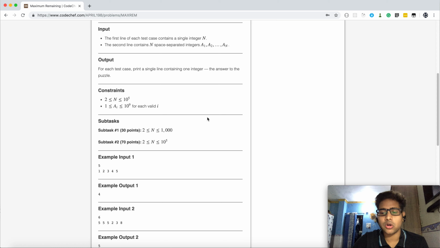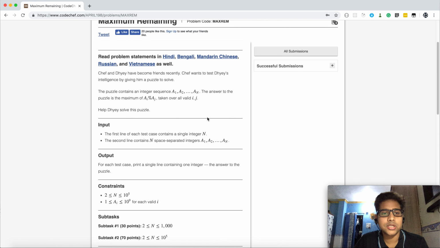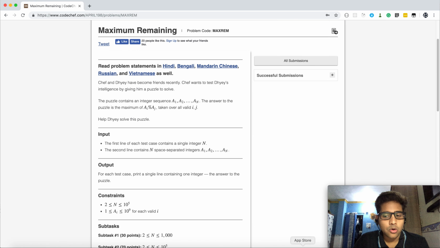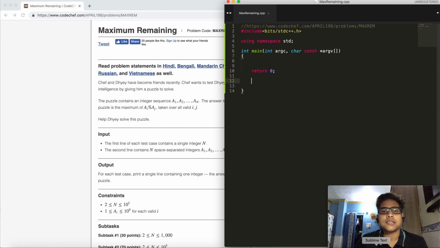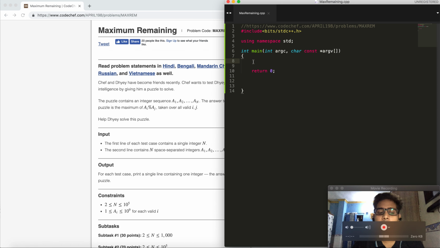After sorting in ascending order, the largest and second largest are at the end, and if you sort in descending order, the first two numbers are the largest and second largest. So let's solve this question. I'll open my text editor. I'm going to use Sublime Text here, and C++ as my programming language, which you can easily guess by my channel's name.